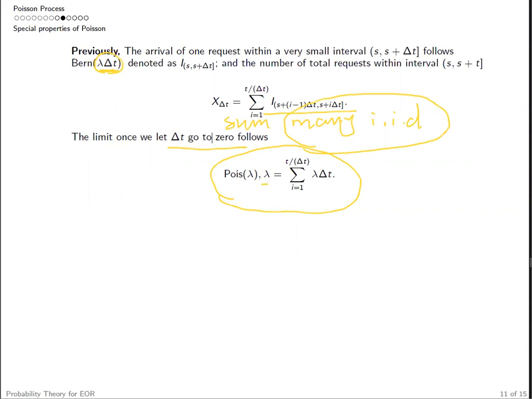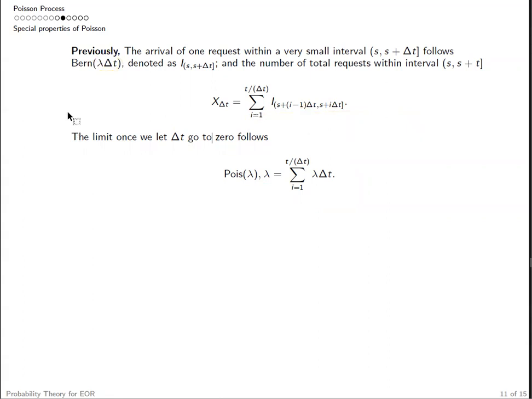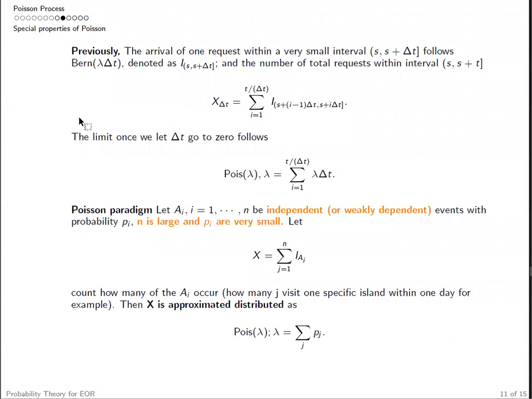Okay, now we can relax the condition a little bit and consider this one. It's still a summation of indicator random variables, but now we can relax a little bit. They can be independent. They can also be weakly dependent events. Again, we require n to be very large.